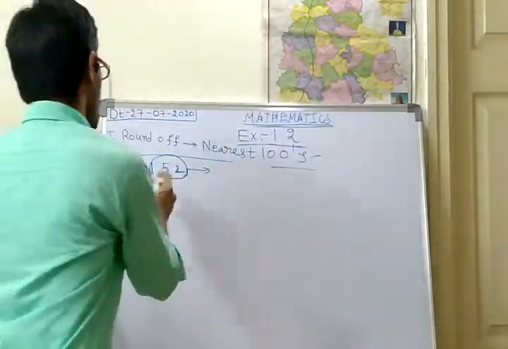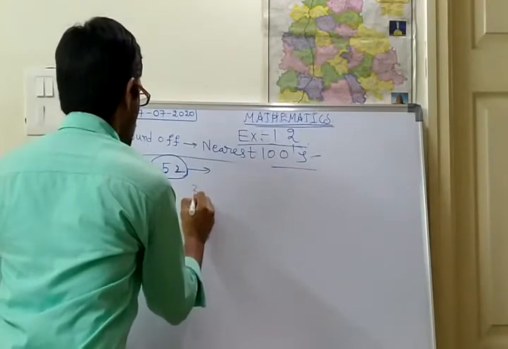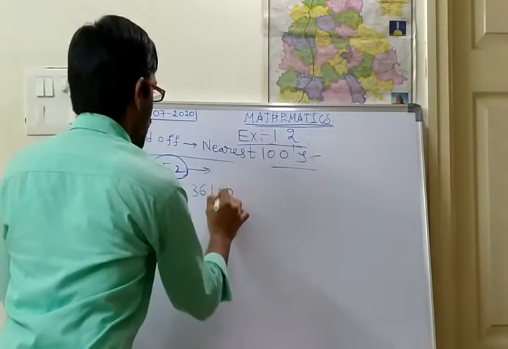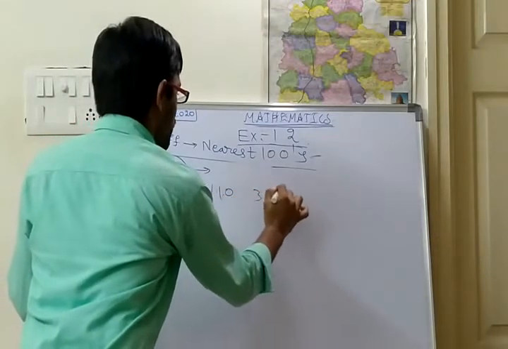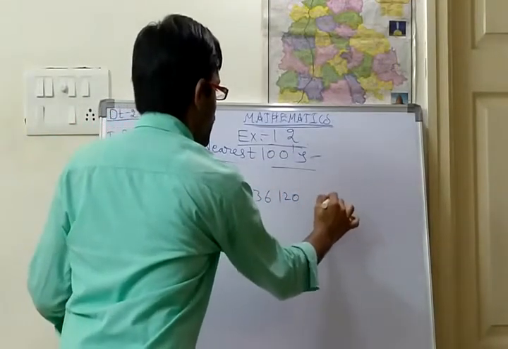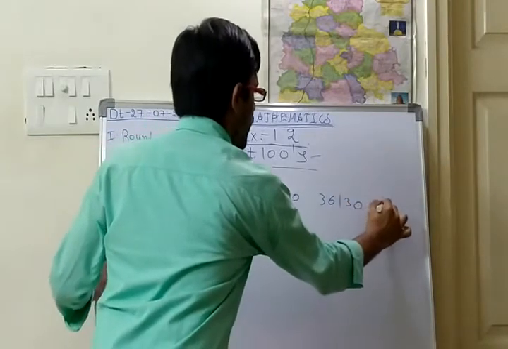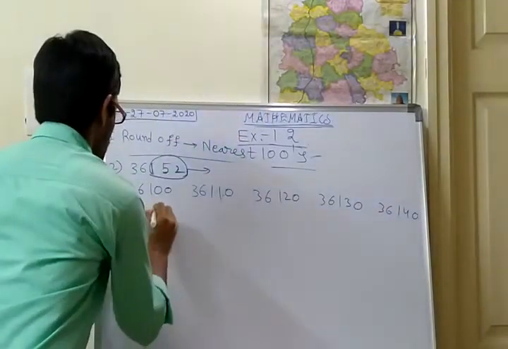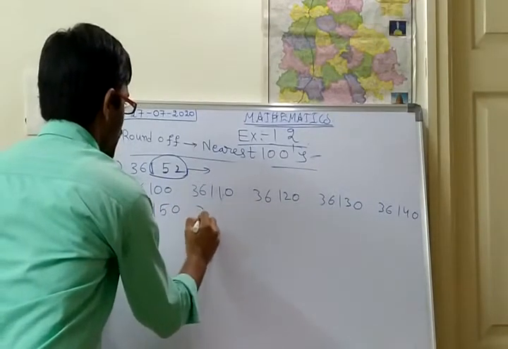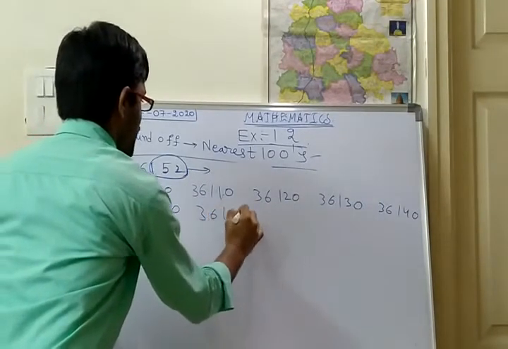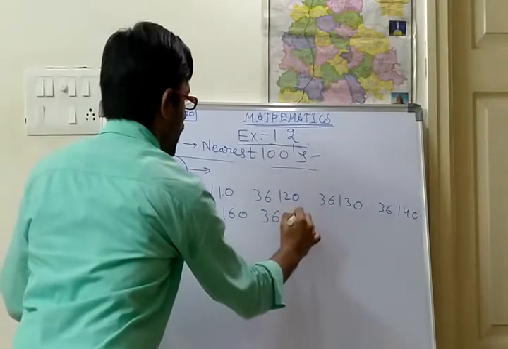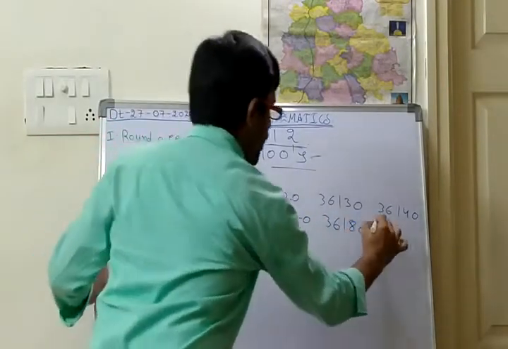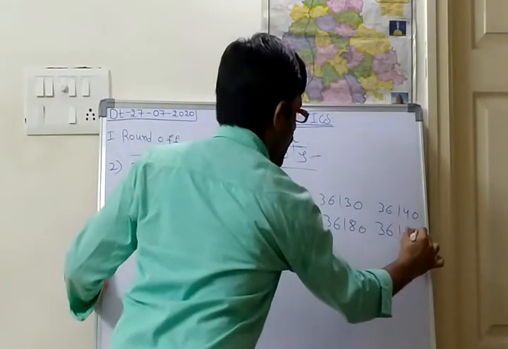So 36,100, 36,110, 36,120, 36,130, 36,140, 36,150, 36,160, 36,170, 36,180, 36,190.